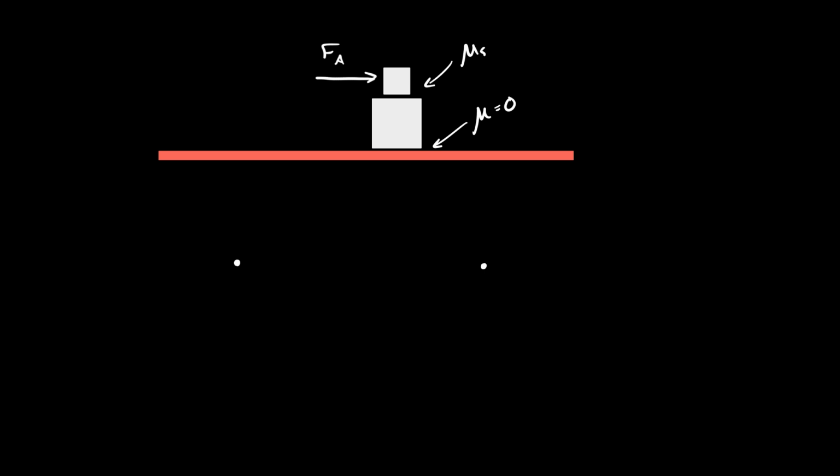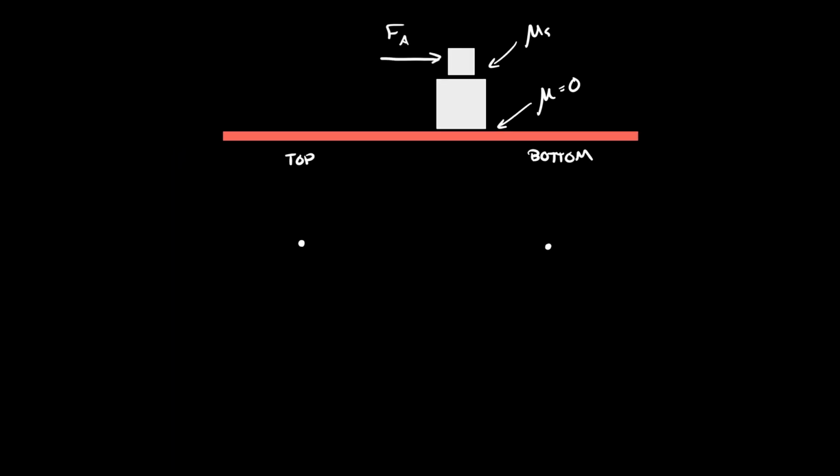In the interest of time, let's say this is the top box, this is the bottom box. The top box is definitely experiencing an applied force. We know it's going to have its own weight.